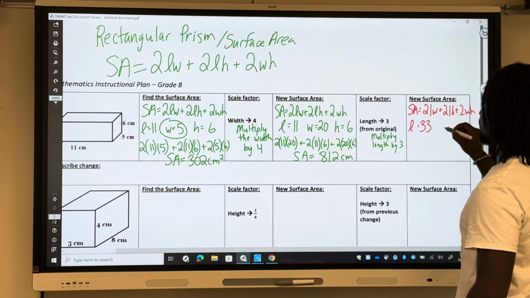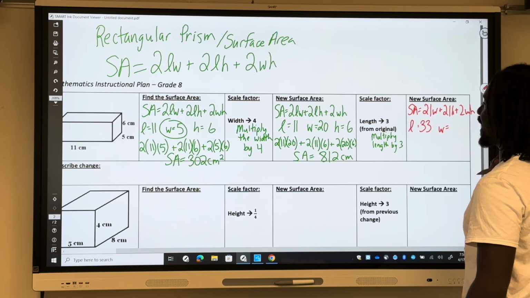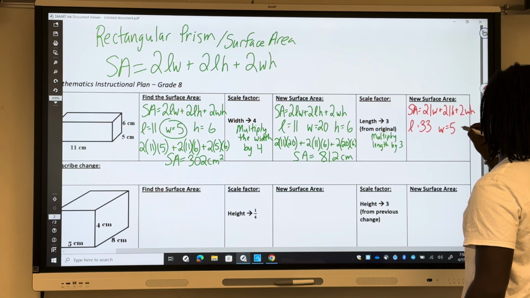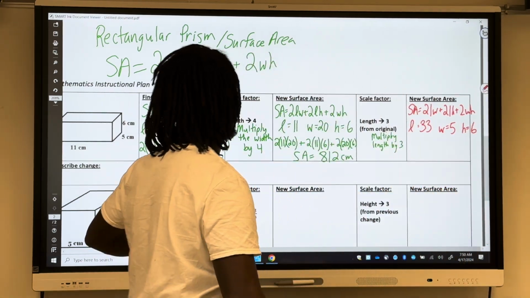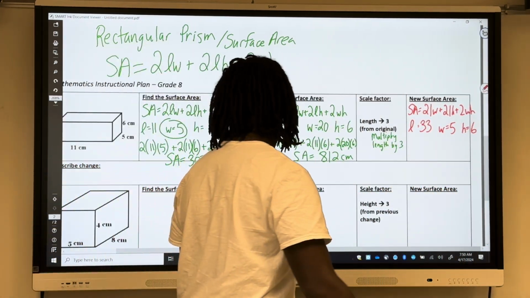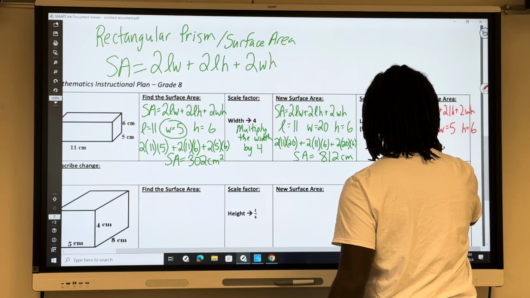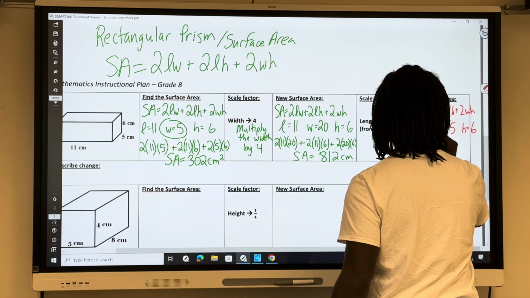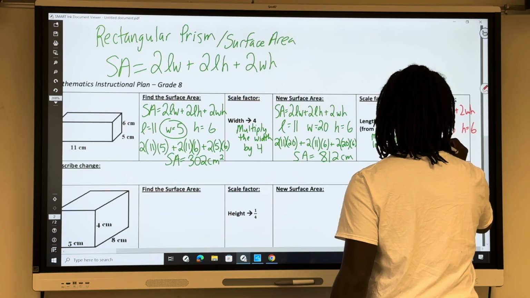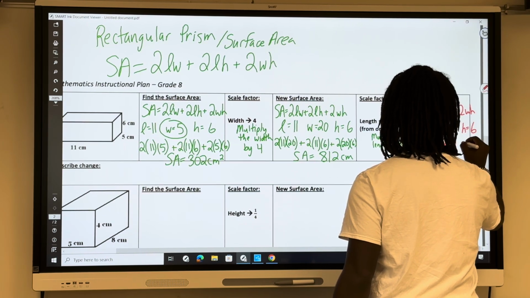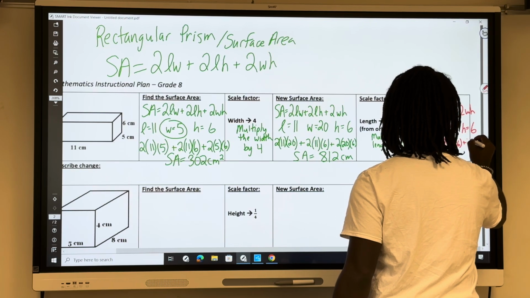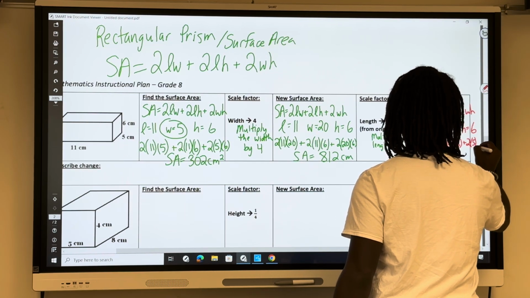And then the width and the height are going to stay the same. So it's 5 and then 6 for my height. Okay, and so now I want to see. All right, just going to plug those in. 33 times 5 plus 2, 33 and 6, and then 2 and 5, 6.